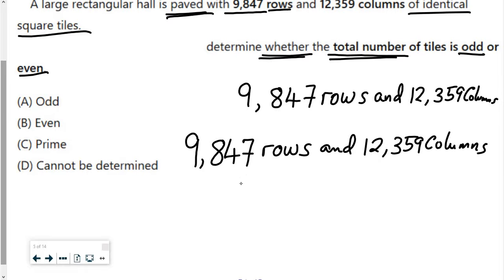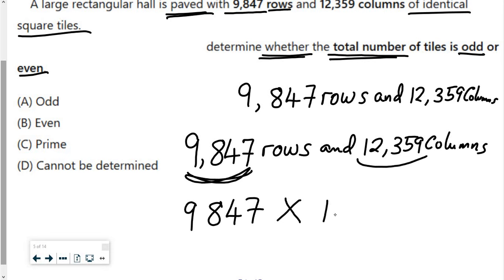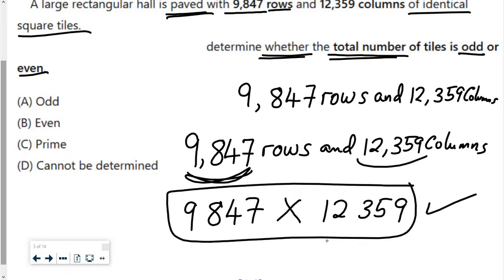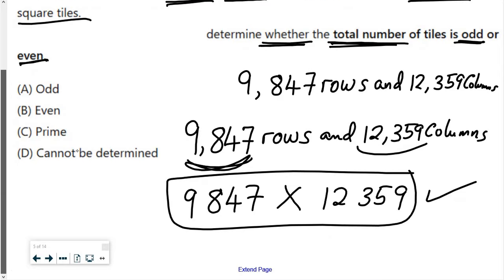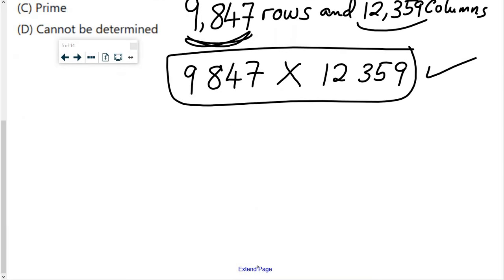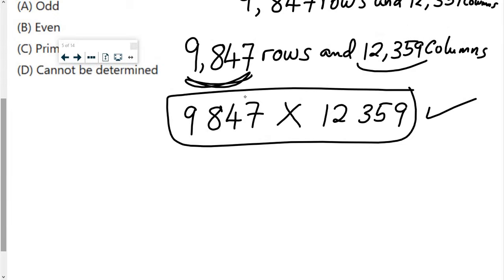So here, total number of tiles, you take the number of rows, which is 9,847, into 12,359. You are not supposed to calculate this because the question is determining whether the total number of tiles is odd or even. So what you are supposed to do is to find out what is the parity of this number. Is this number here odd or even?